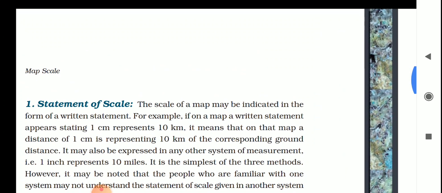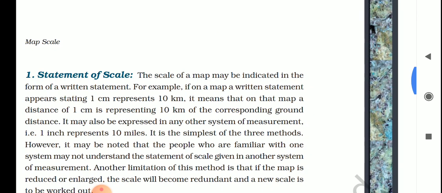Now let's understand the three ways of scale. First is statement of a scale. In this method, students, the scale is indicated in the form of a written statement. For example, 1 centimeter on the map represents 1 kilometer on the ground.